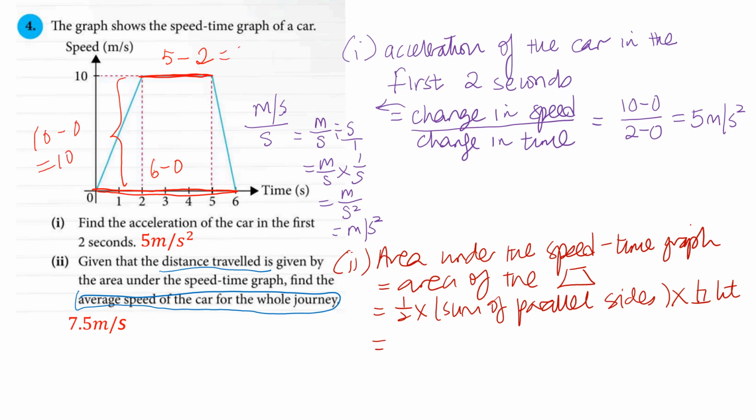So 5 minus 2 is 3, and 6 minus 0 is 6. So this will just be half times 3 plus 6 times 10.